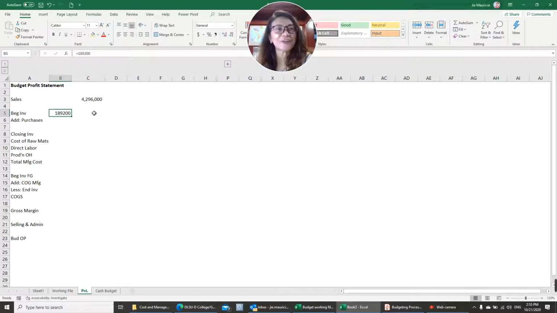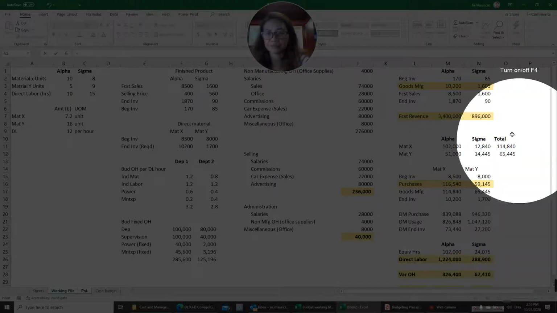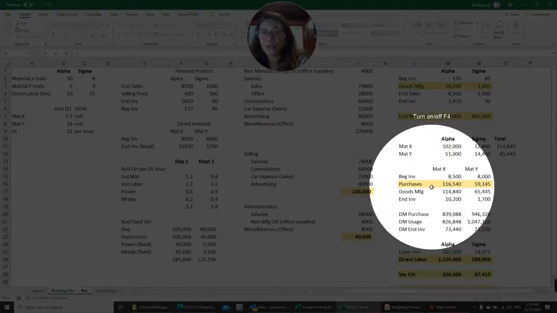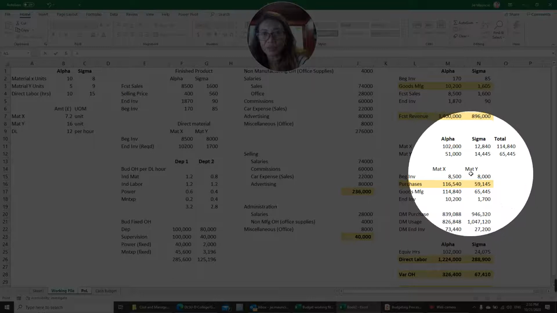Moving on, the purchases. I think we have computed it here. The total amount of purchases, let me highlight this one. We have this computation of the equivalent units of material X and material Y that we need.